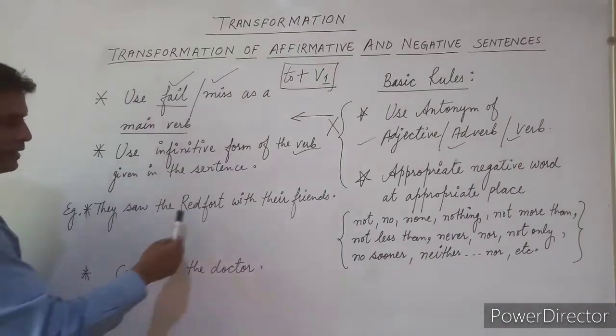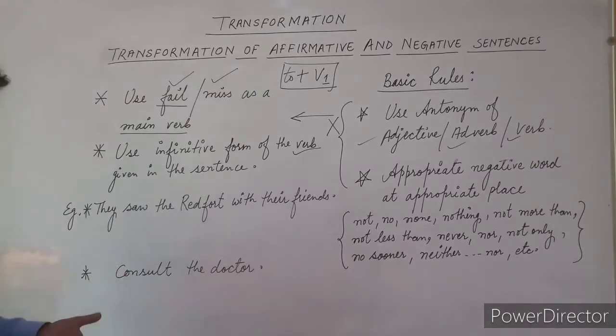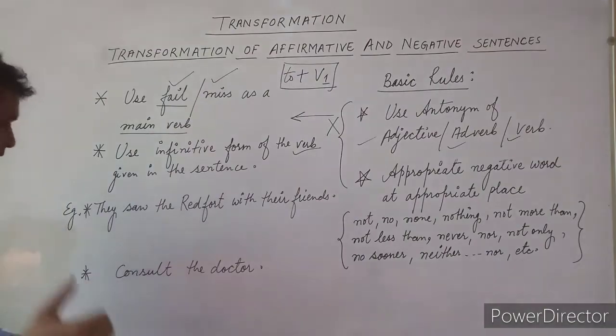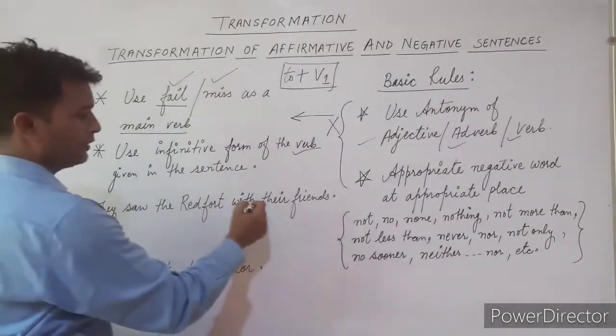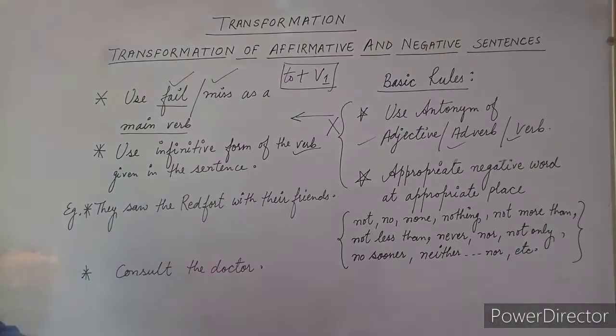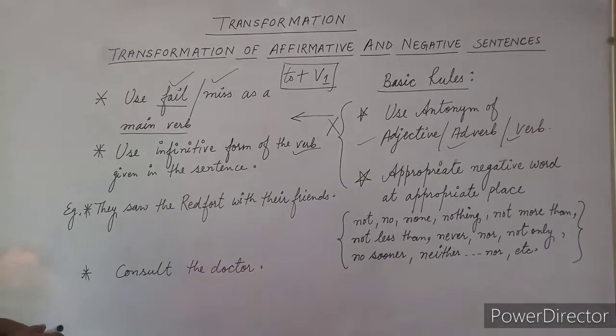So let's have some examples so that you can understand it properly. They saw the red fort with their friends. It's an affirmative sentence and you have to change it into a negative one. In this sentence, there is no adjective or adverb. So how can you change it?